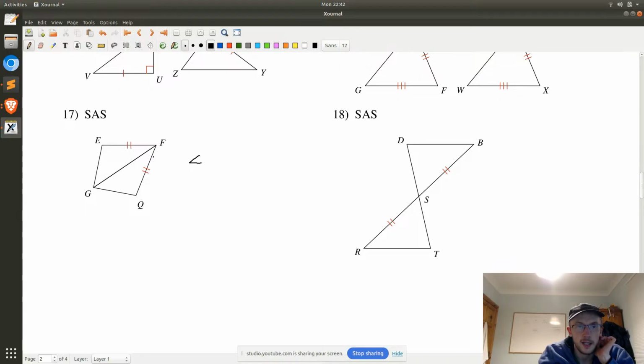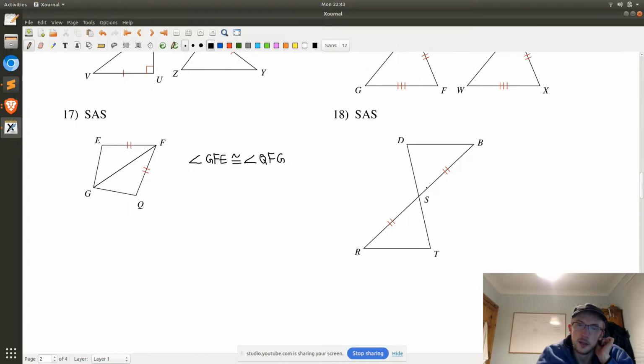I name this angle GFE, and this angle QFG. For the side-angle-side theorem to work in this case, we know that these two angles are equal.